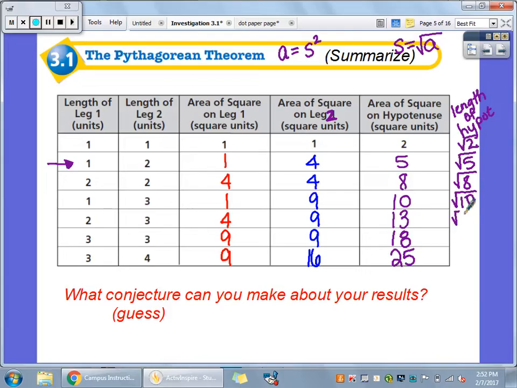If your area is 13, the square root of 13. If your area is 18, you should have the square root of 18 as your side length. And if your area is 25, the square root of 25 is just 5, so instead of writing it as the square root of 25, we would just write it as 5.